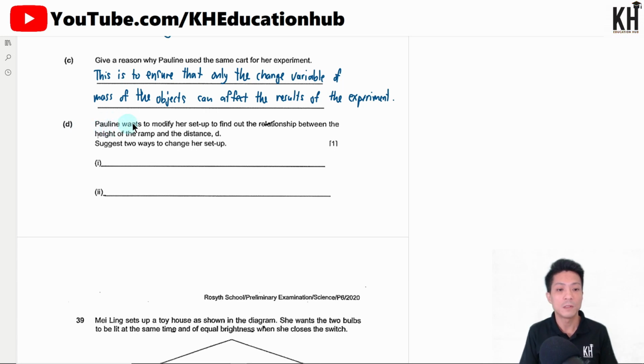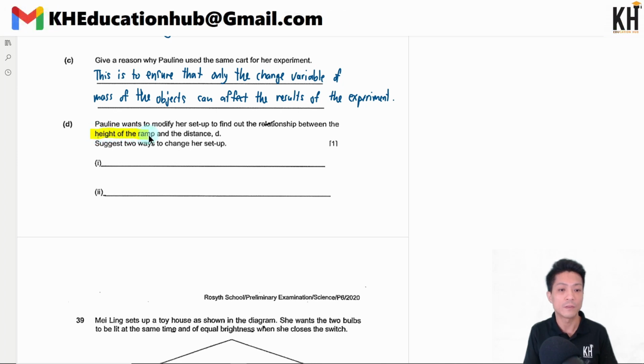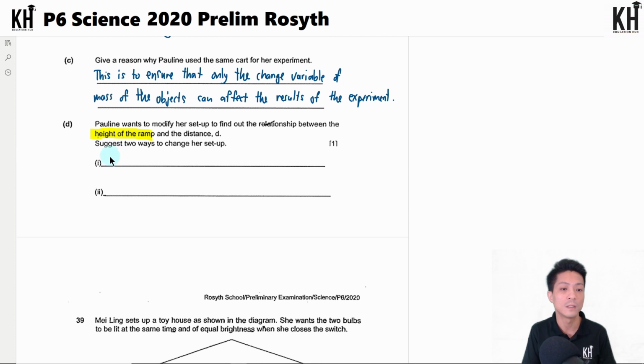Okay, part D. Polly wants to modify her setup to find out the relationship between the height of the ramp and the distance d. Suggest 2 ways to change her setup. So obviously the change variable now is the height of the ramp, right? So the first thing we must change is to increase the height of the ramp.